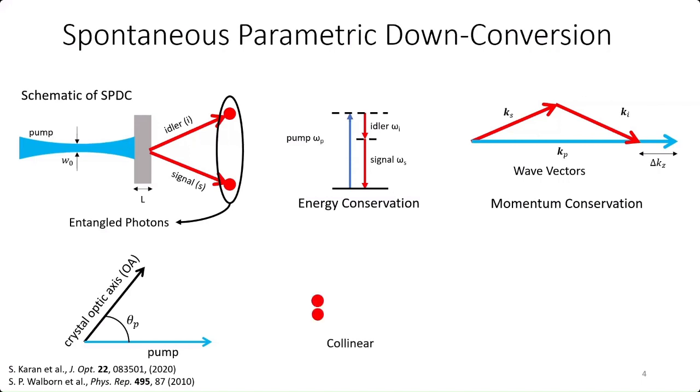The nomenclature of phase matching is that if both the down converted photons move in the same direction, we call it collinear phase matching, whereas if they move in different directions, we call it non-collinear phase matching. So as theta p increases, we slowly move from collinear to non-collinear phase matching conditions.